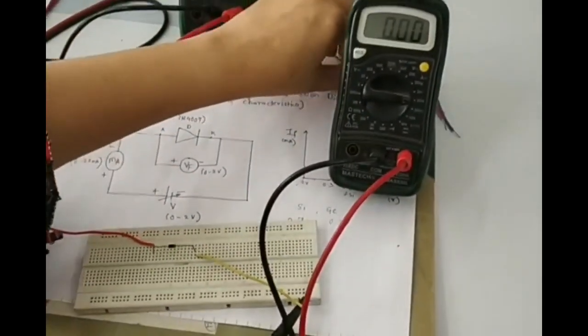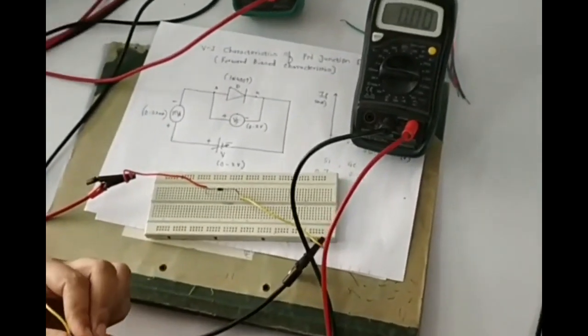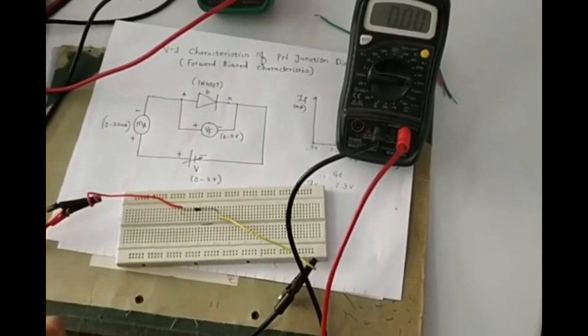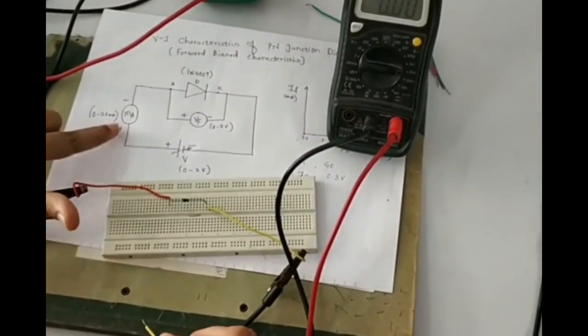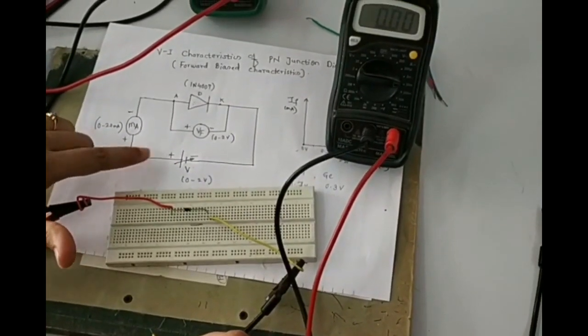the diode. So according to the circuit diagram, the positive terminal of our milliammeter is connected to the positive terminal of our battery or the external power supply. So here is our power supply.